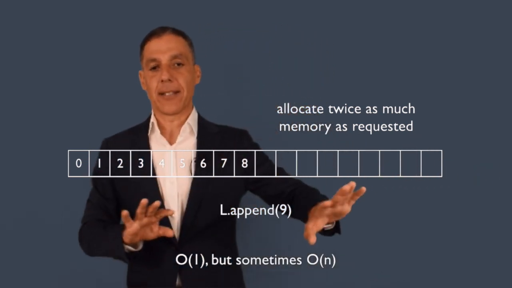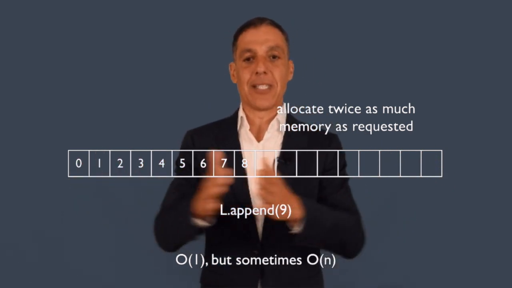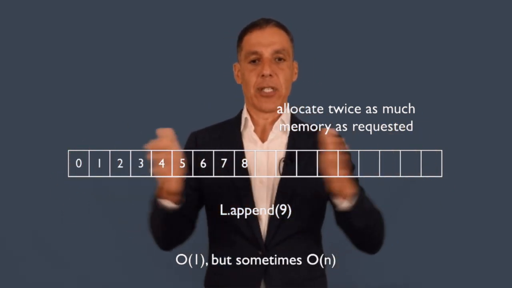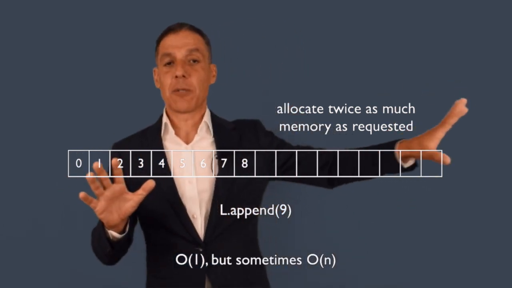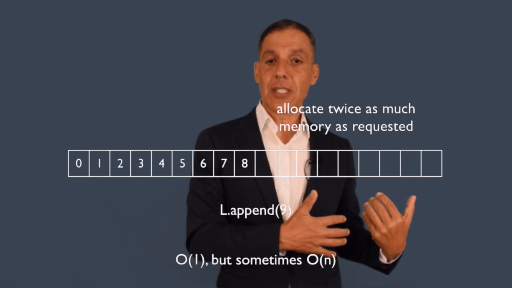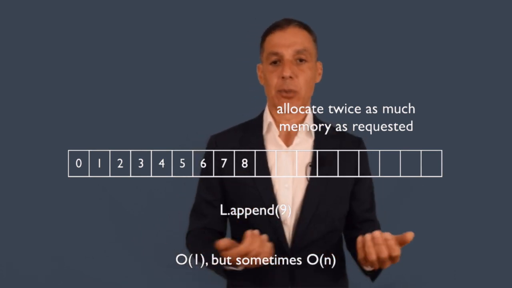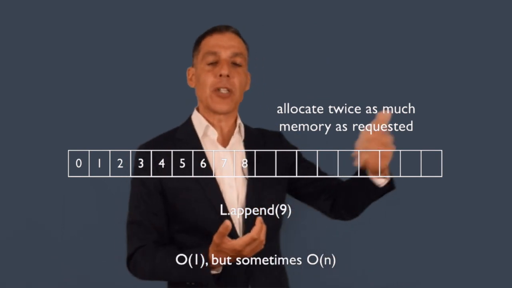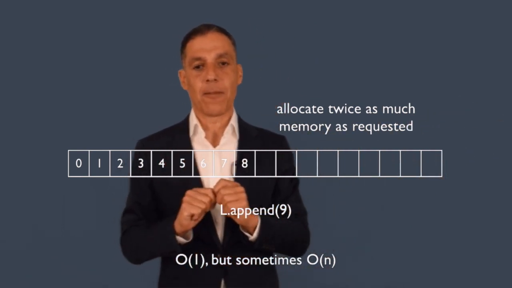We have to admit that. But because the programming language can be optimized for us, and what it does, by the way, is double the size of the memory when you do an append and it's full. And so there's this bank of spaces for you. Now, there's an inefficiency downstream for that, which is you're taking up memory that you may not need. So we're giving up a little bit of overuse of memory for some runtime efficiency here for the appending.